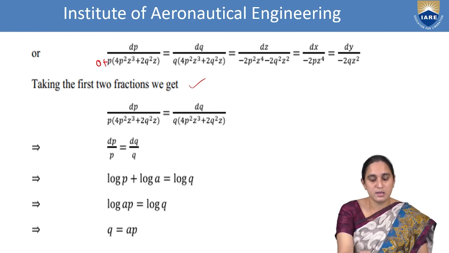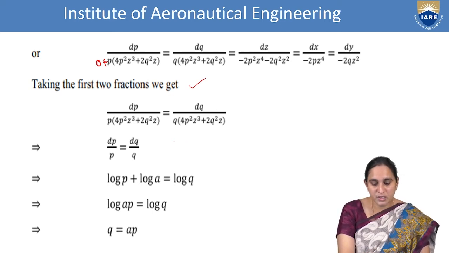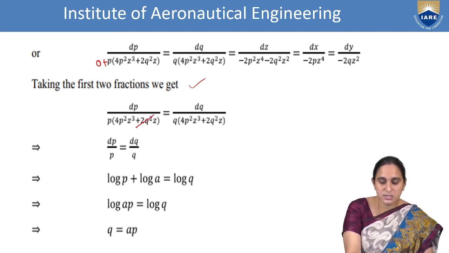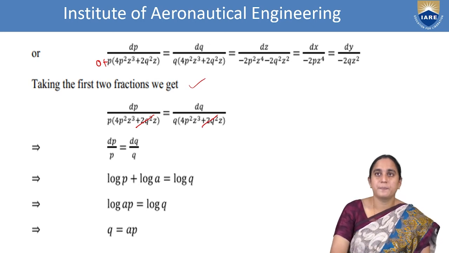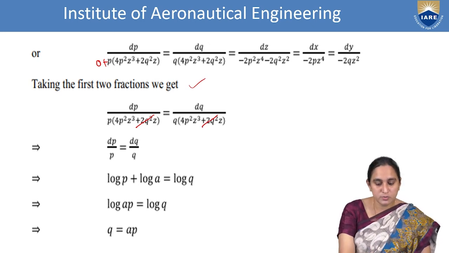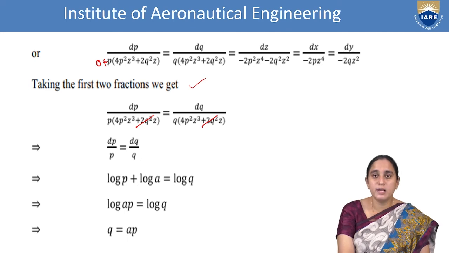What are the two here? dp by p into 4p square z cube plus 2q square z is equal to dq by q into 4p square z cube plus 2q square z. Observe that on both sides these two factors cancel. That is dp by p is equal to dq by q.